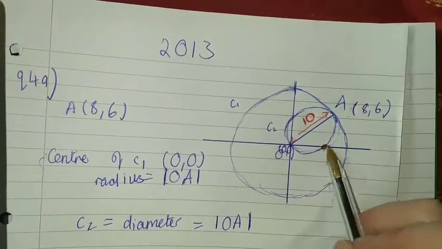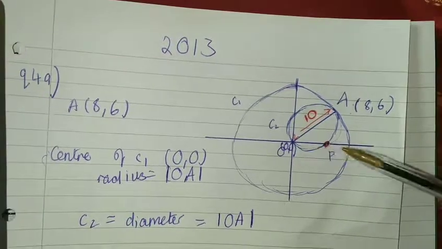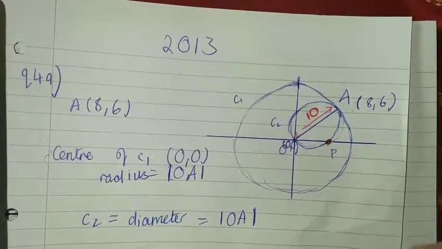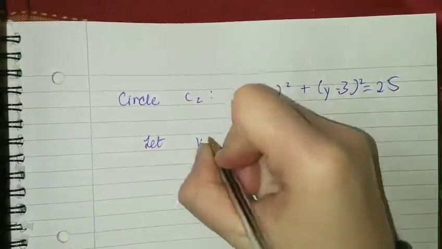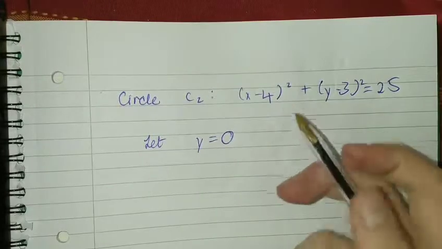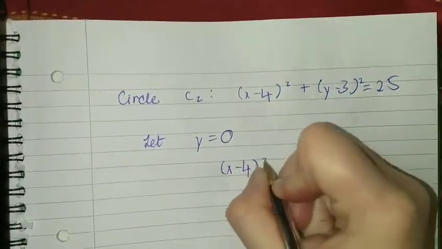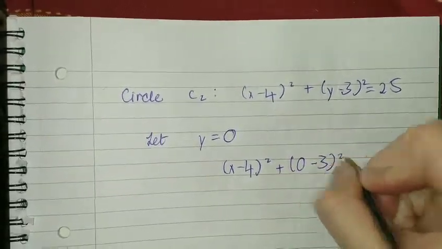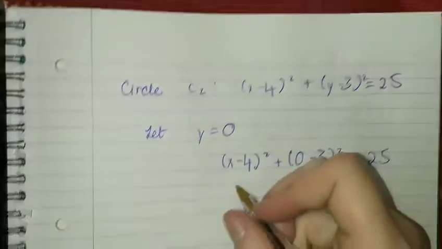Where a circle cuts the x-axis, y is going to be 0. So we have to let y equal 0. In our equation of our circle, we'll let y equal 0. So x minus 4 squared plus 0 minus 3 squared is equal to 25. And we're going to have to now solve this.